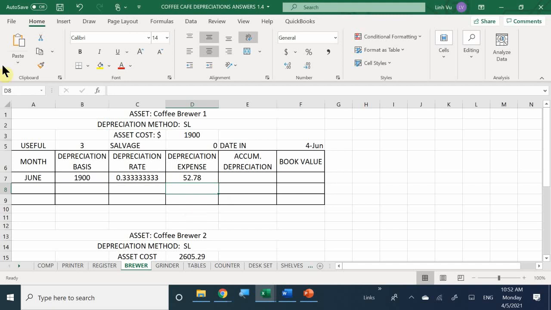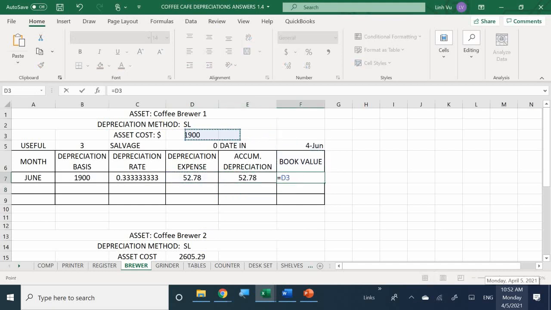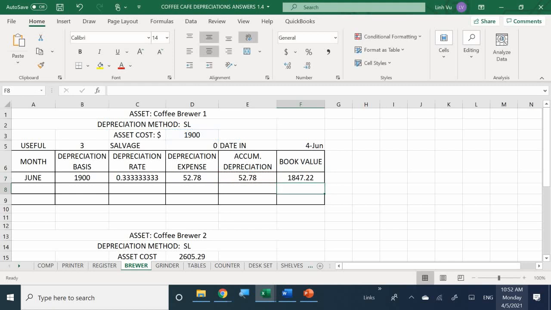So I take the 633.33, which is for 1 whole year, divided by 12, and I get 52.78. This minus this should give you 1,847.22.